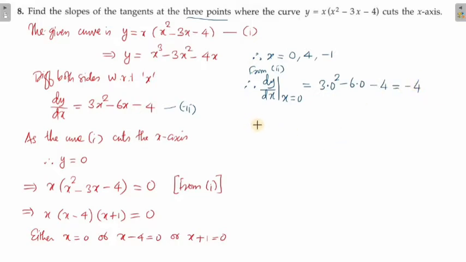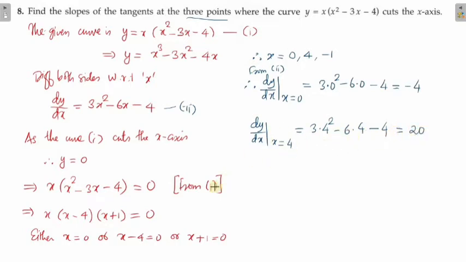Another answer, the slope dy by dx at x equals to 4. This is going to be 3 into 4 square minus 6 into 4 minus 4. Altogether if you calculate this, it is 3 into 16 minus 24 minus 4. So this turns out to be exactly 20.